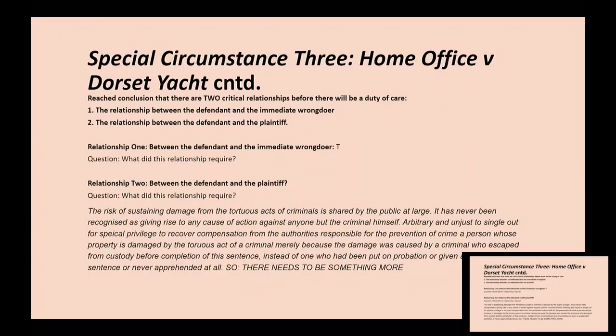And he said, so it would seem very arbitrary and unjust to single out for the special privilege of being able to recover compensation from the authorities responsible for the prevention of crime, a person whose property was damaged by the tortious act of a criminal because the damage happened to be caused by a criminal who had escaped from custody before completion of their sentence, instead of it being caused by someone who had completed their sentence and been lawfully released.